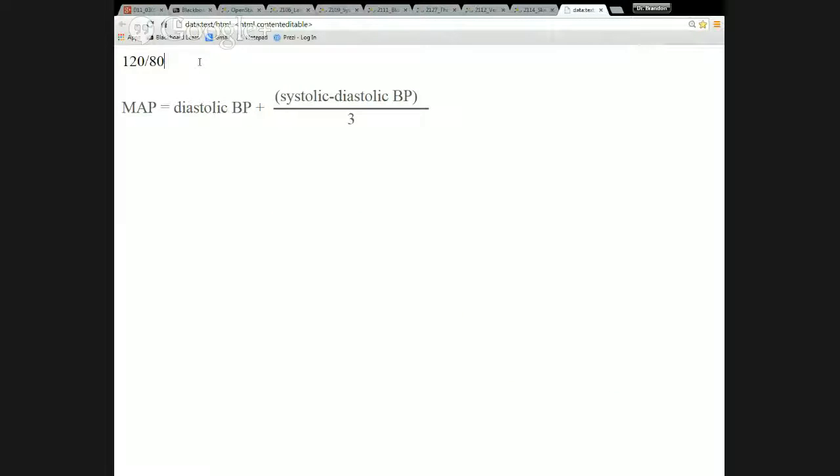Okay. So back over here. So 120 over 80 is our usual average kind of blood pressure. Again, that's systolic over diastolic pressures.